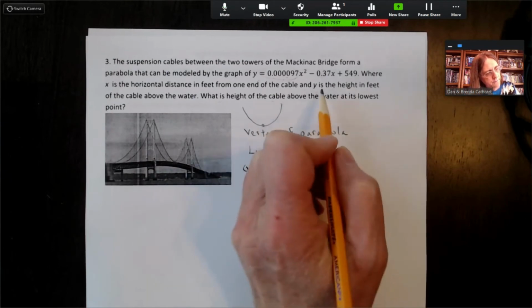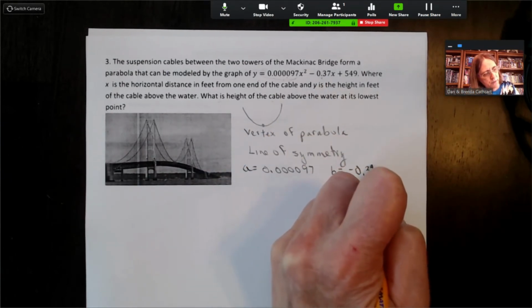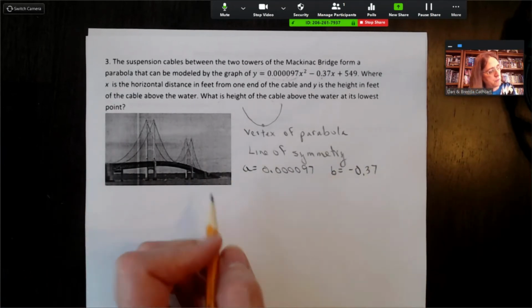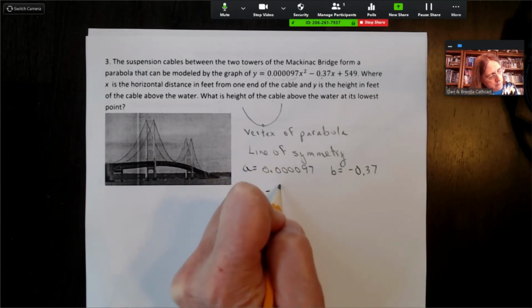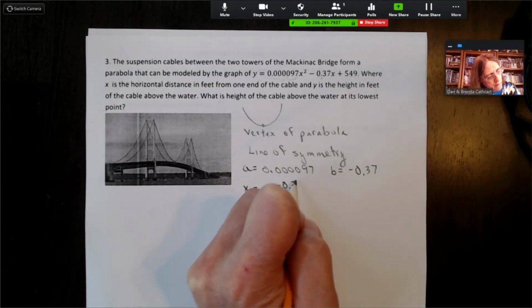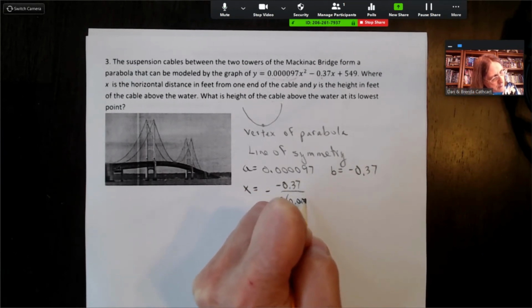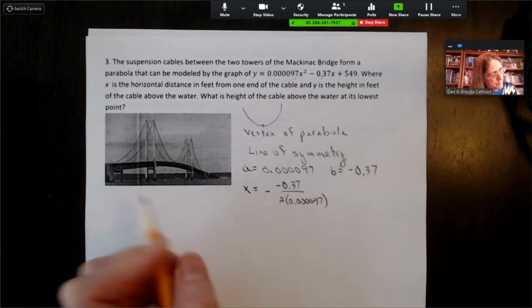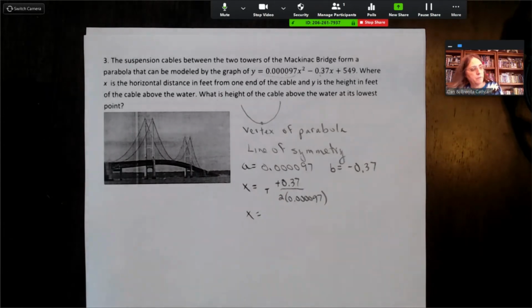And our B is our coefficient of x. It's negative 0.37. So our line of symmetry then is going to be x equals the negative of B over 2 times A. Okay, 2 negatives, we end up with a positive there.